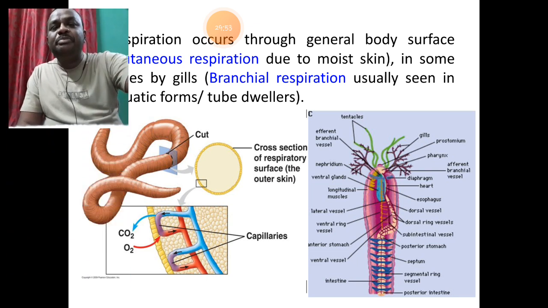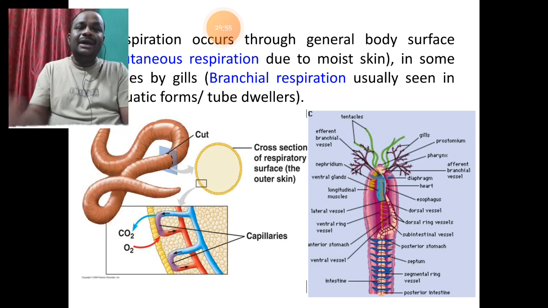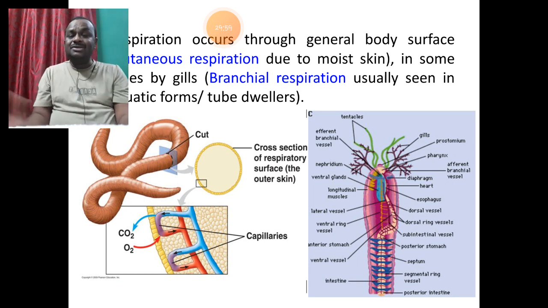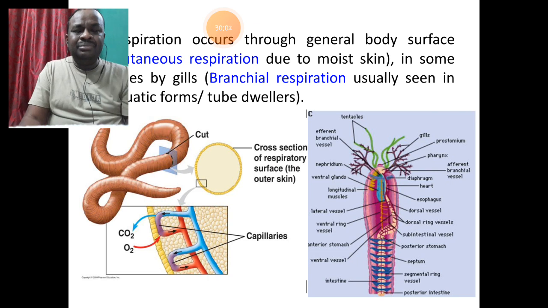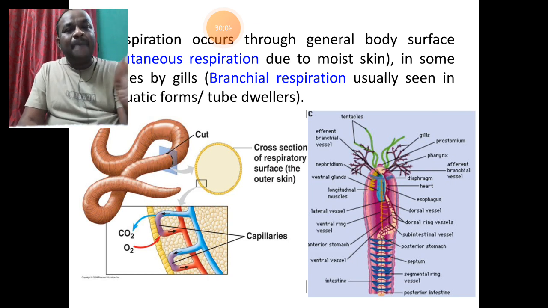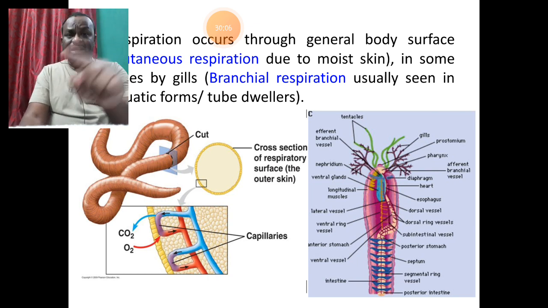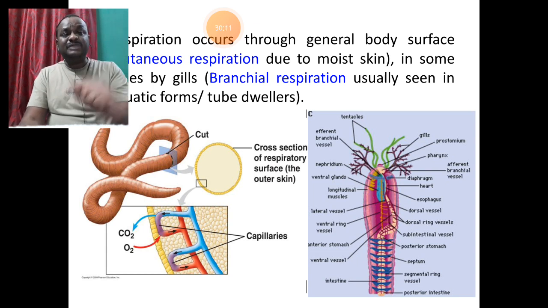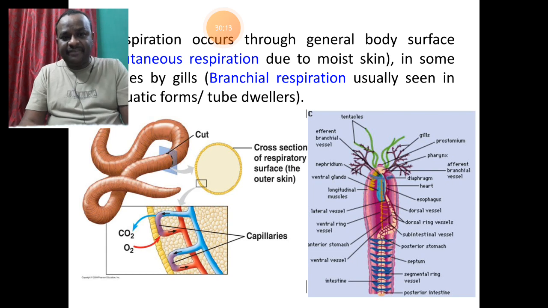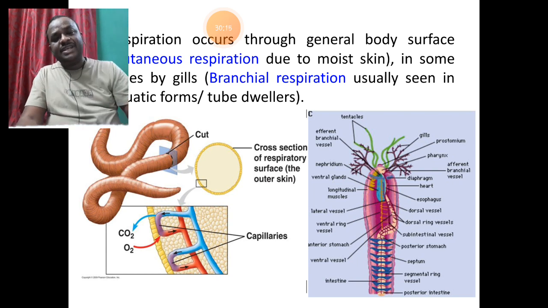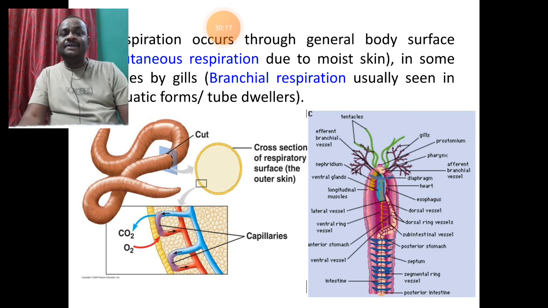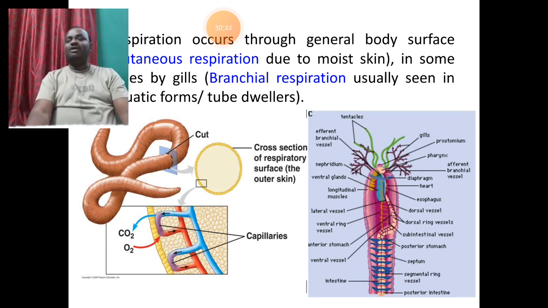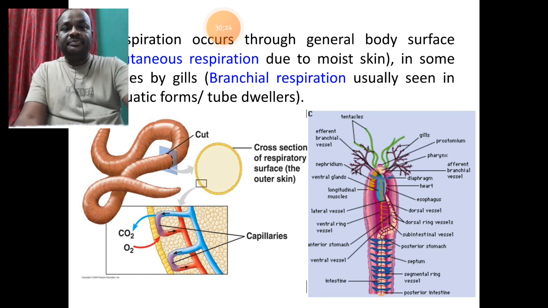In the picture on the left, the earthworm's skin is shown enlarged, with the epidermis and capillaries showing a diffusion process helping the animal respire through the body surface. Oxygen from outside enters directly into the blood vessel and carbon dioxide diffuses out. So skin helps in the process of respiration here.